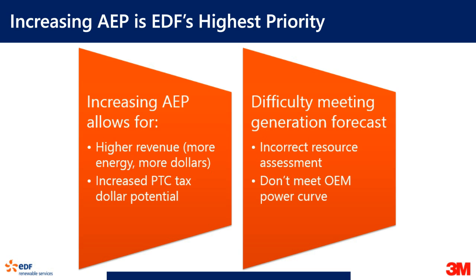This can also lead to, in rare cases, incorrect turbine selection and incorrect turbine placement. We have also seen that with some turbines, and especially new platforms, they are not meeting their power curve. Our big takeaway is that in the next few years it is critical to maximize the site revenue by increasing AEP.